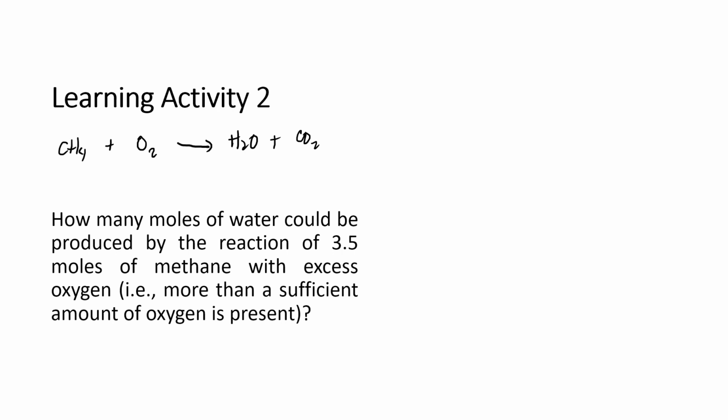So, we have carbon, hydrogen, and oxygen dyan, di ba? So, sa reactant side natin and product side natin ito, we have 1 carbon. Sa product natin, isa lang din. Hydrogen, we have 4. Hydrogen sa product is 2. Oxygen here is 2. Oxygen here is also 2.